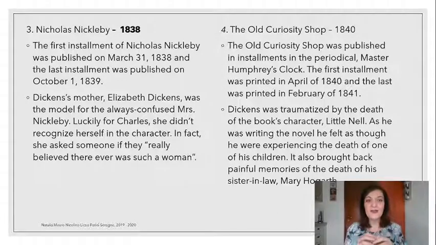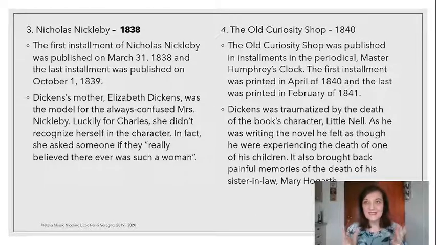But this woman, this character, Mrs. Nickleby, is always confused. Her most important characteristic is the fact that she's always very confused, and Dickens's mother was so confused that she didn't recognize herself in the character.